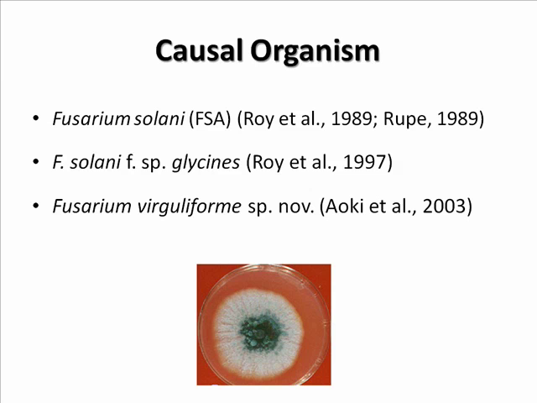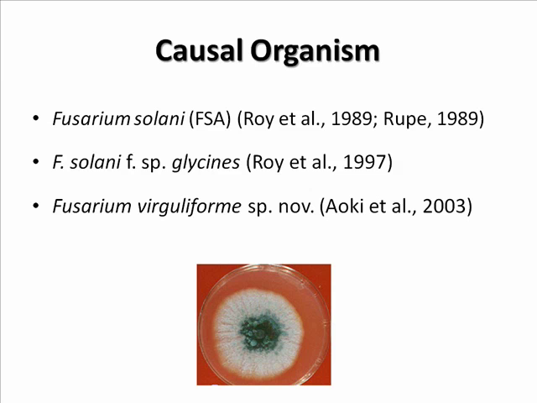Then as time progressed and technology advanced, in 1997 Roy et al. further refined the nomenclature of the causal organism to Fusarium solani forma specialis glycines.